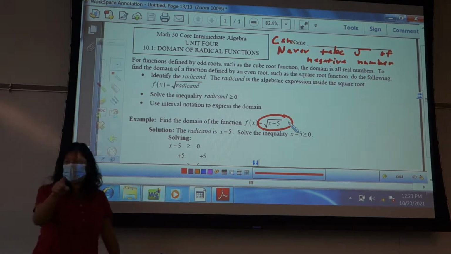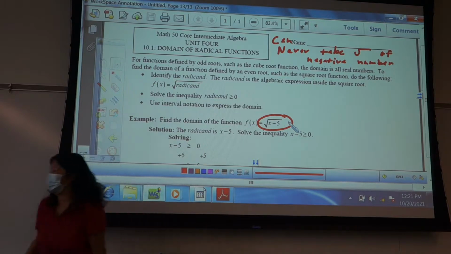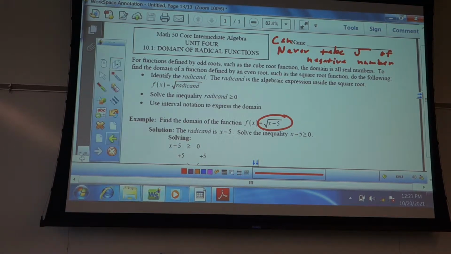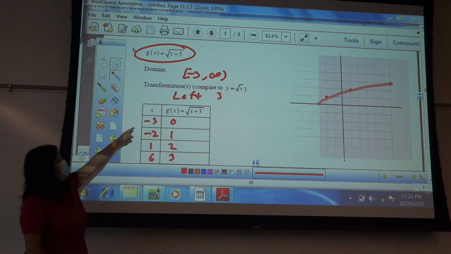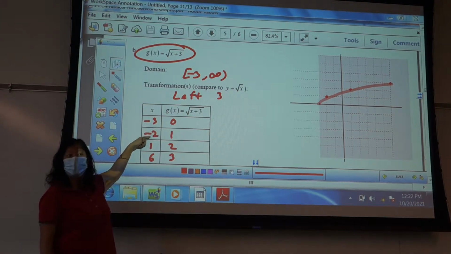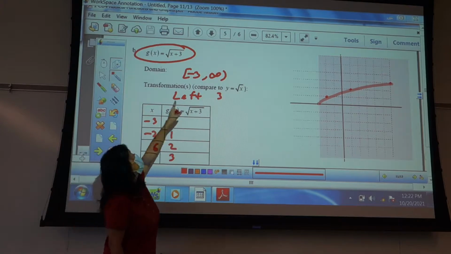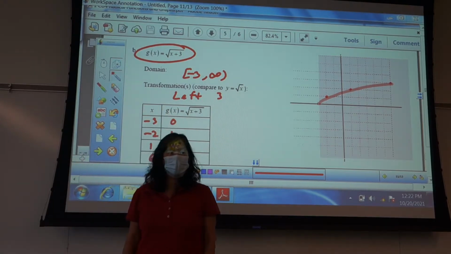X can sometimes be negative, because look at this. Is our x ever negative? Yes, x can be negative. It's what's inside that cannot be negative.